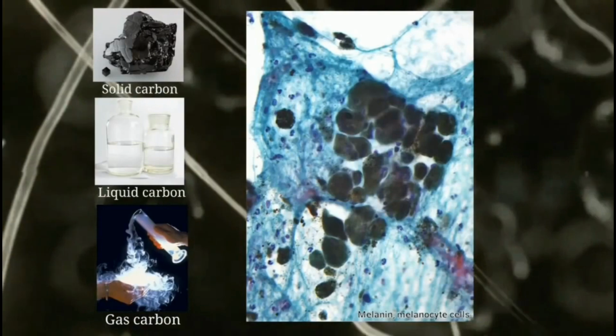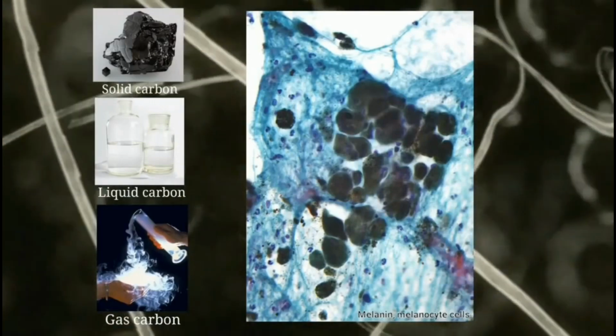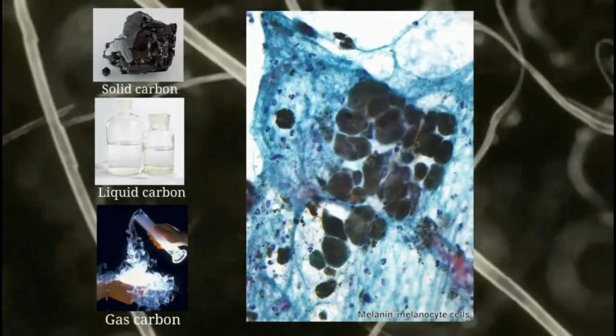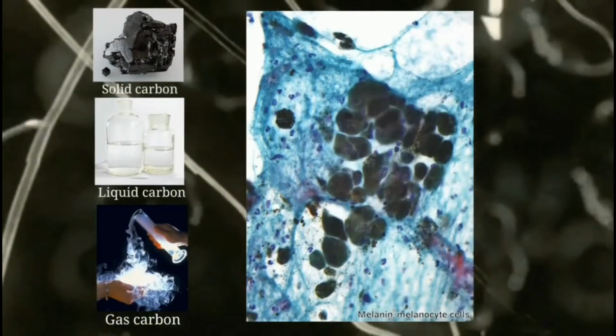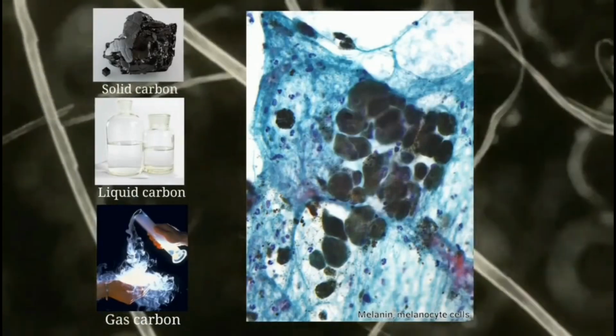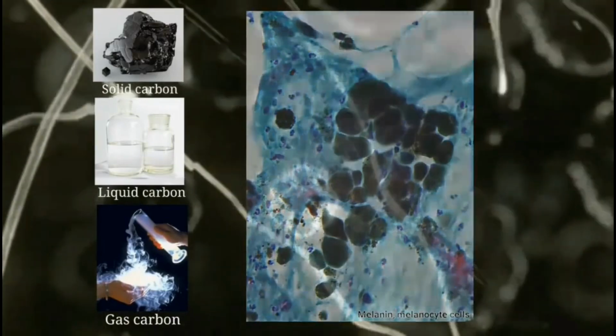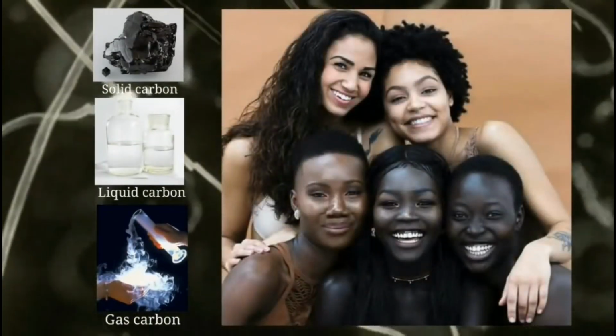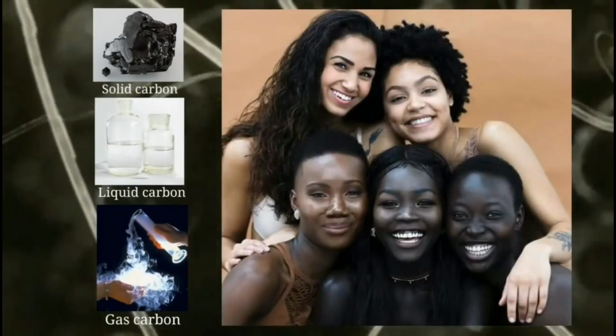And then in turn, you got to think, if carbon is responsible for bringing out that black pigmentation in melanin, is carbon also responsible for the darker shades of pigmentation we see in human beings? We know melanin is the key to our different skin pigmentations as human beings.